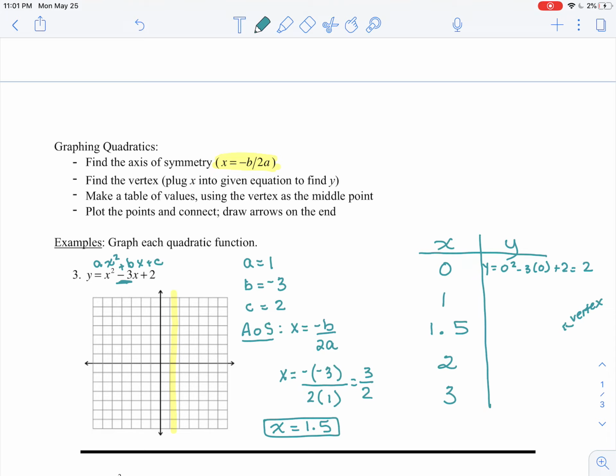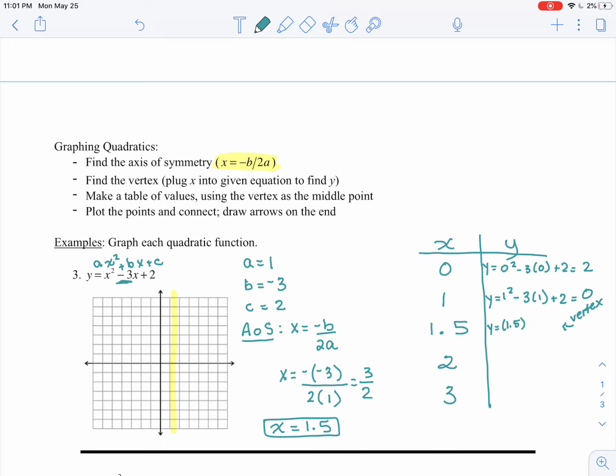Negative 3 times 0 is 0. Plus 2 makes the whole thing 2. Then I go back to my equation, plug in x is 1. So now I have y equals 1 squared minus 3 times 1 plus 2. This ends up being 0.